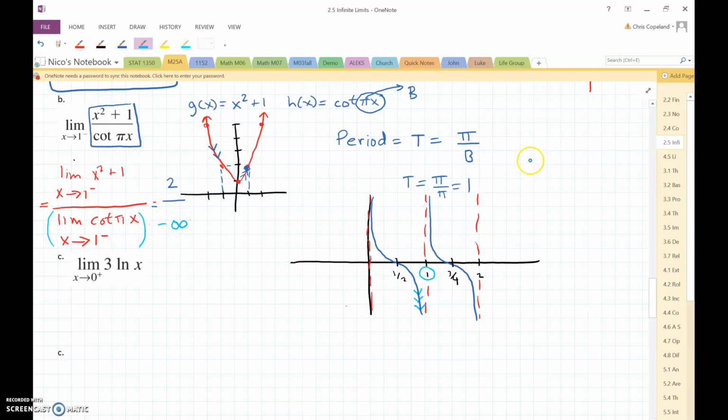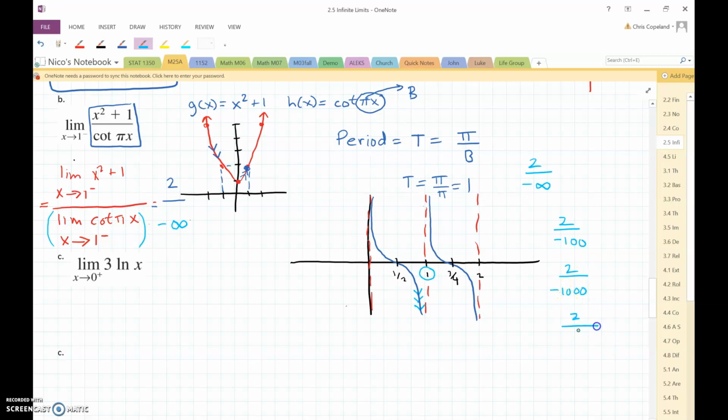So we're getting 2 over negative infinity. Well, this is just bad notation. That doesn't make any sense. We have to figure out what this is equivalent to. Well, if you took 2 and divided that by negative 100, you'd get a pretty small number, right? What if you took 2 and divided it by negative 1,000? You'd get a smaller number, right? Because this is negative infinity.